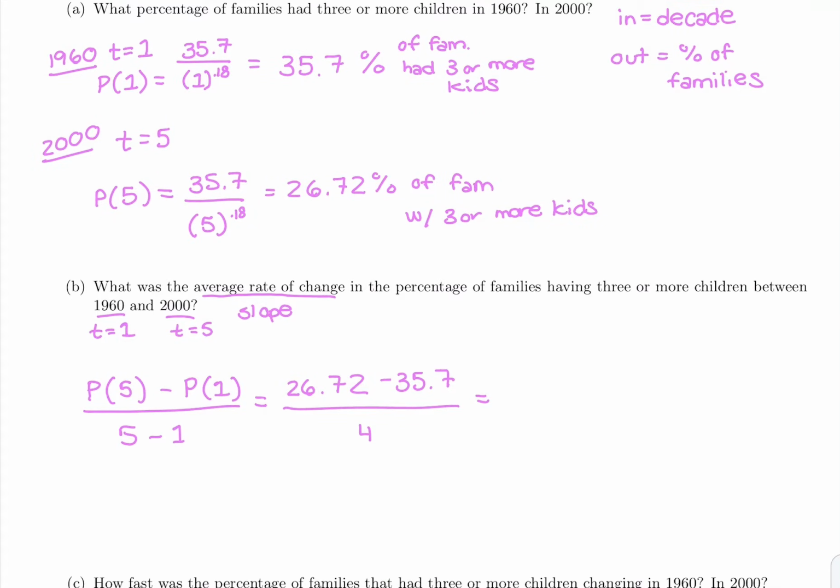Now I can just grab my calculator and do 26.72 minus 35.7. You get negative 8.98. It went down by almost 9% over 4 decades. So when we divide that by 4, we get negative 2.245% per decade.